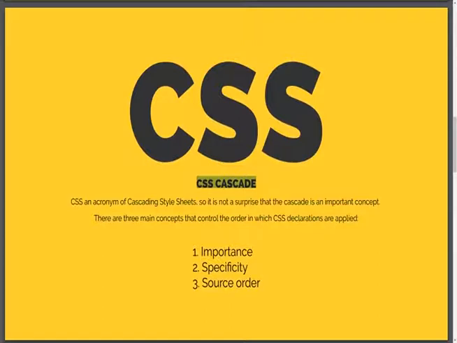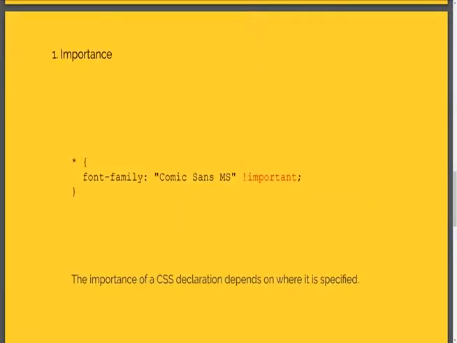There are three main concepts that control the order in which CSS declarations are applied. One, importance; two, specificity; three, source order. Good. I will explain with examples.